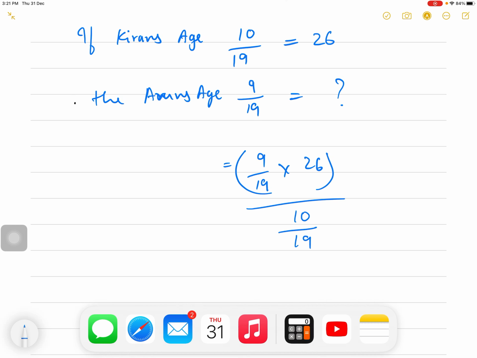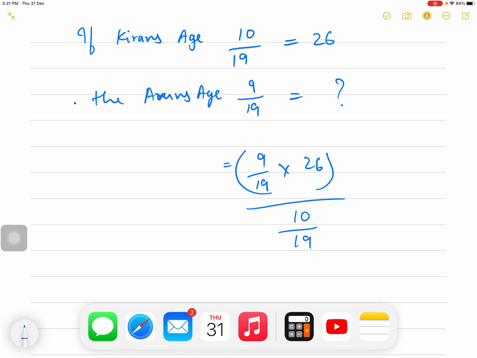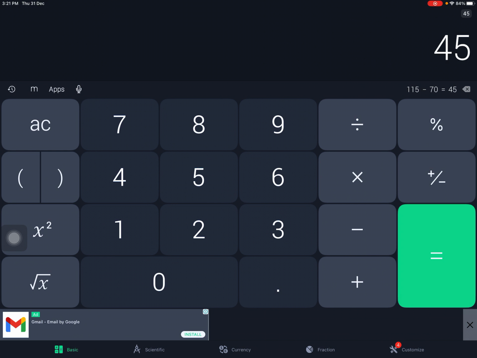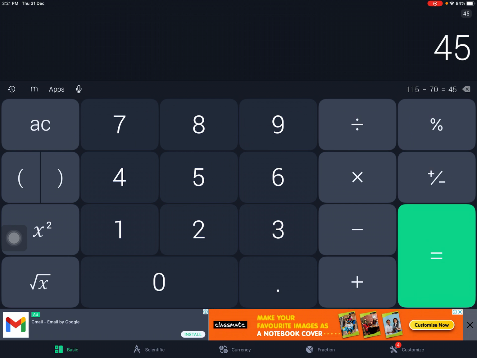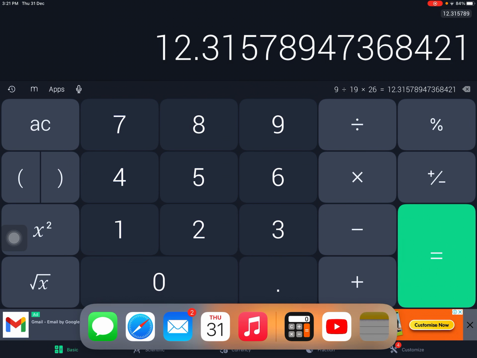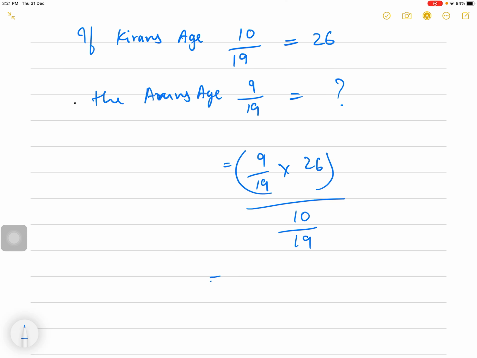So 9 by 19 into 26, divided by 10 by 19. It's coming in decimals, so I don't want to calculate like that.